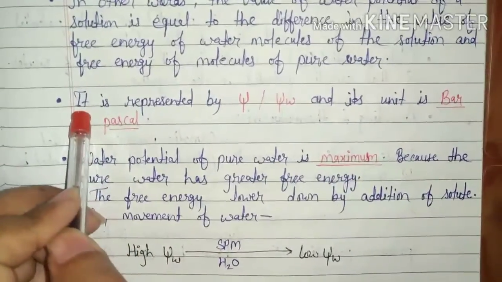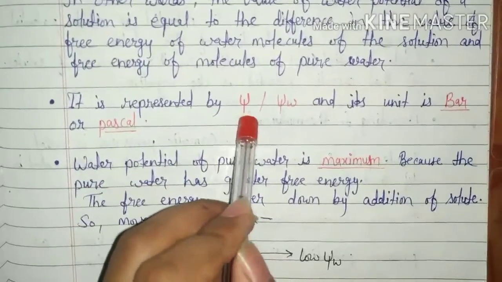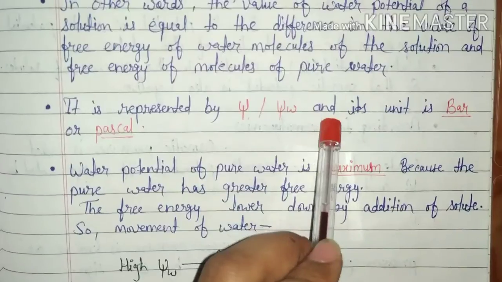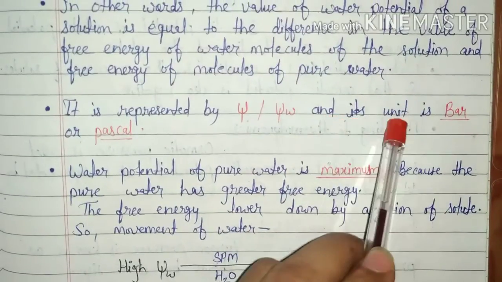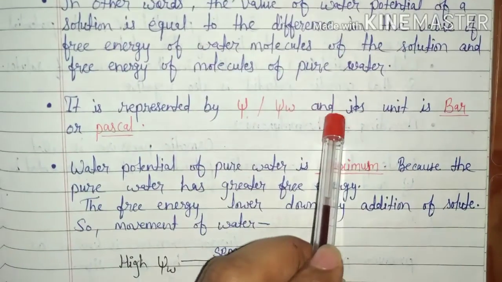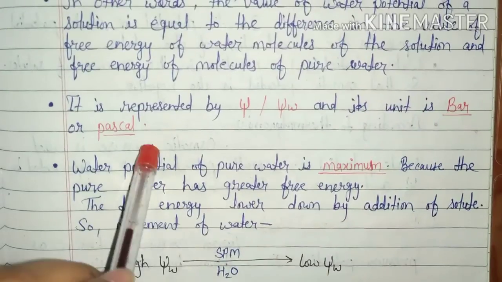Water potential is represented by psi or psi W, and its unit is bar or Pascal. It means it is measured in bar, Pascal or ATM.